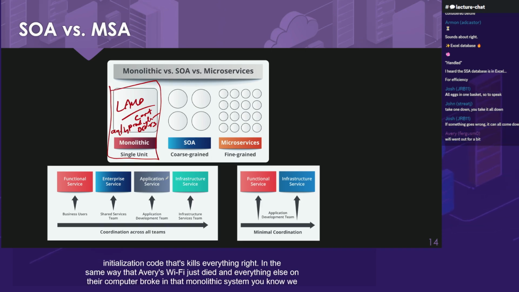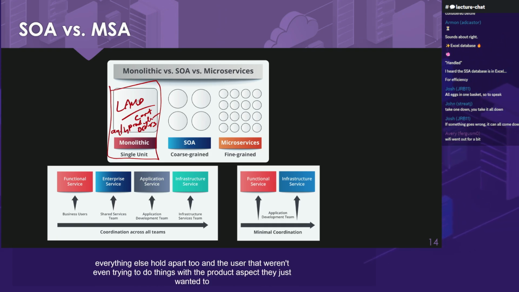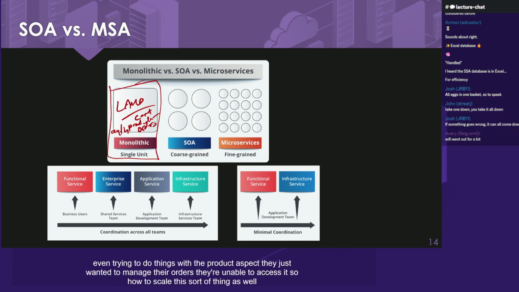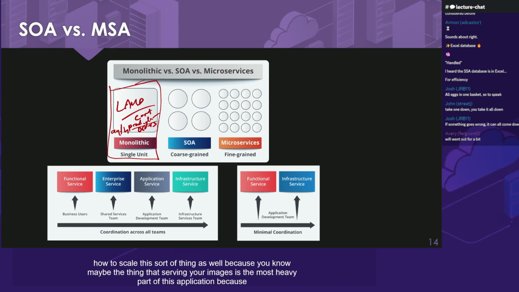We break one aspect of that monolithic code and everything else falls apart too. And the users that weren't even trying to do things with the product aspect, they just wanted to manage their orders, they're unable to access it. It's also harder to scale this sort of thing as well, because maybe the thing that's serving your images is the most heavy part of this application because it's got the most bandwidth.